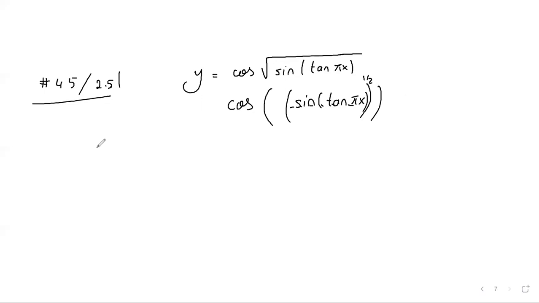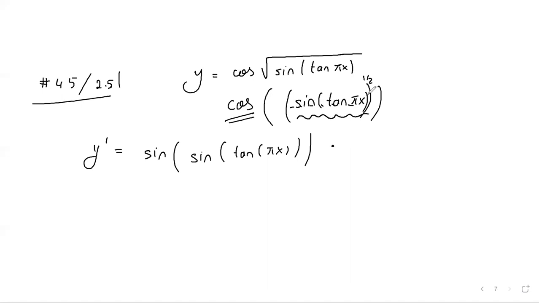So when you do the derivative, folks, the derivative is going to be the derivative of cosine, the leftmost function in the composition, which is negative sine. So it's going to be sine of tangent of pi x times, and that's just times, not composite or anything, the derivative of the inside quantity. Interestingly, the inside quantity is a power, the 1/2 power of sine of tangent of pi x.